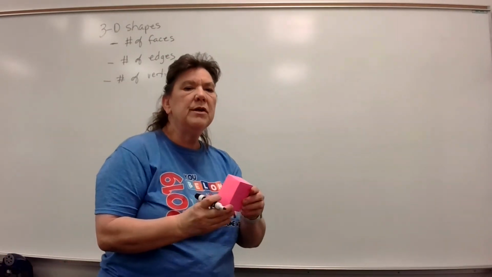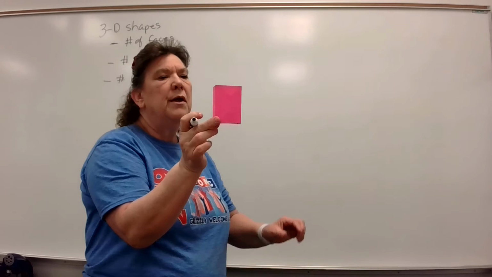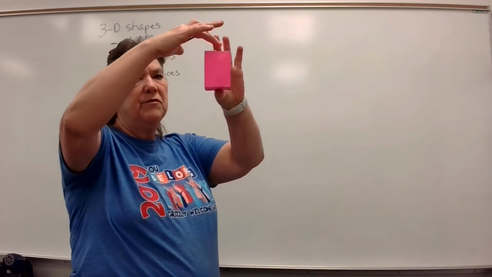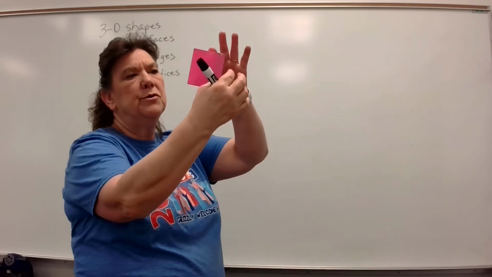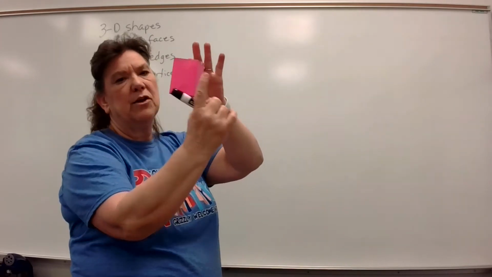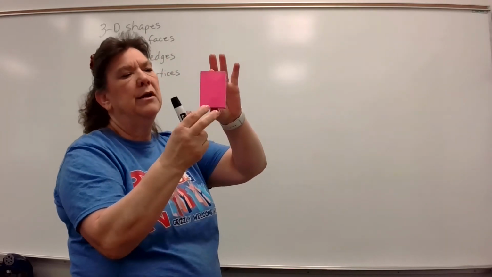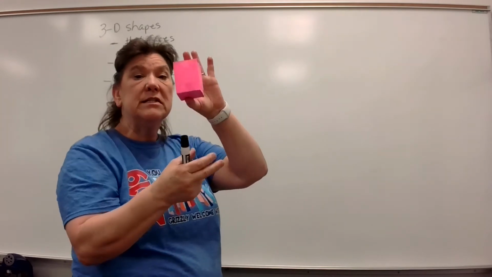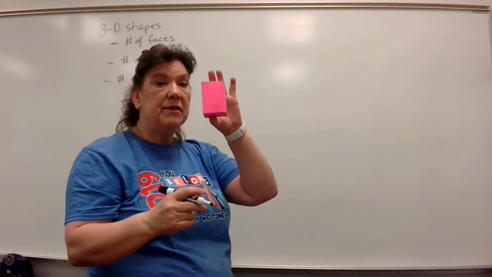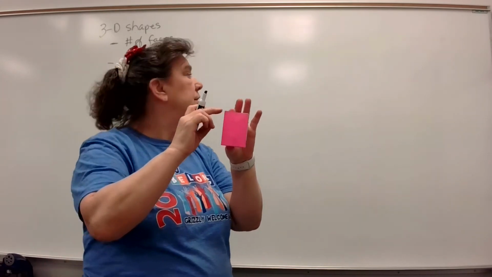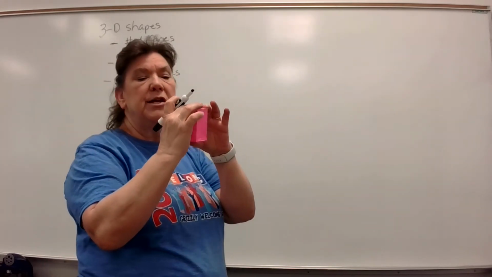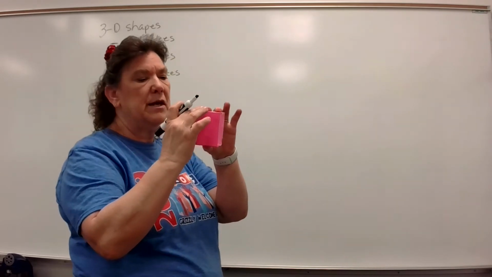Okay, as we look at this prism, the number of faces we have, you have the bases, 2 of them, and then we have 1, 2, 3, 4 faces that go in the lateral area. So we have 6 total faces on this particular prism. We also have the edges. The edges are where 2 faces come together.